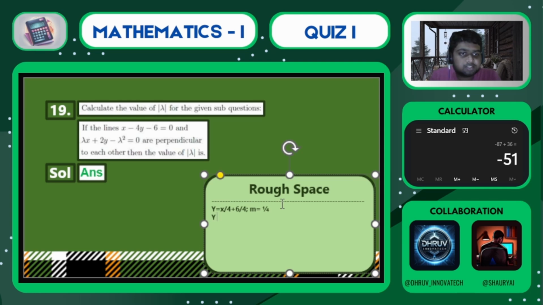Now let's go for the second one. y equals, for now, let lambda be a. x with a minus sign divided by 2, then a square divided by 2.